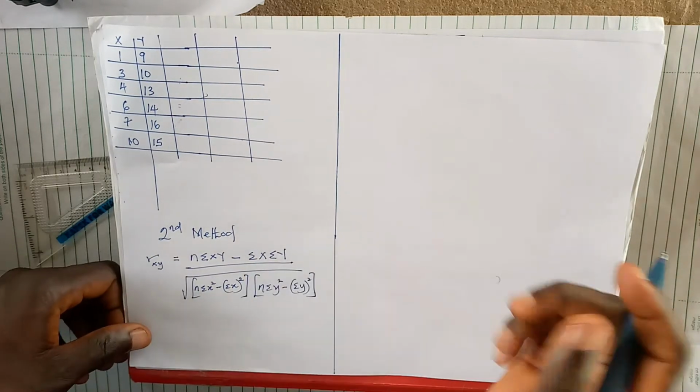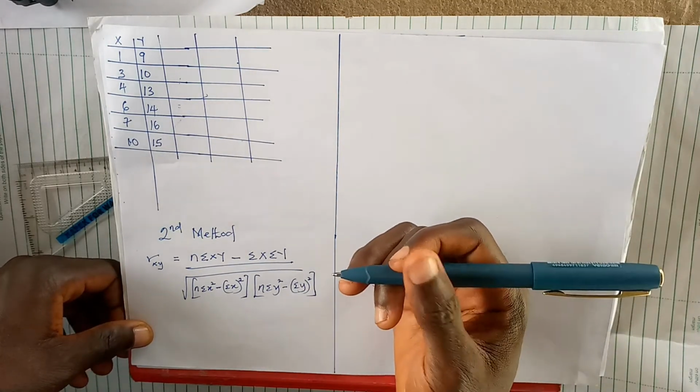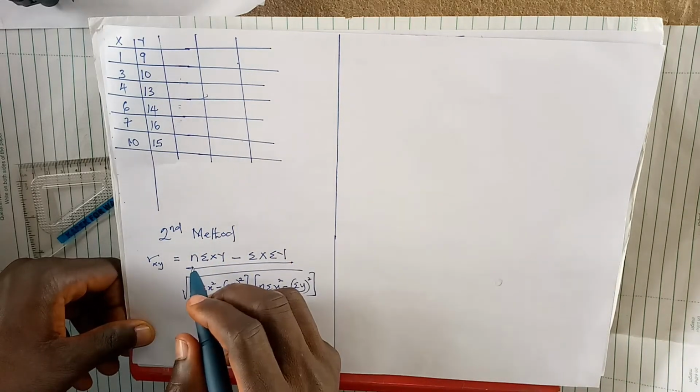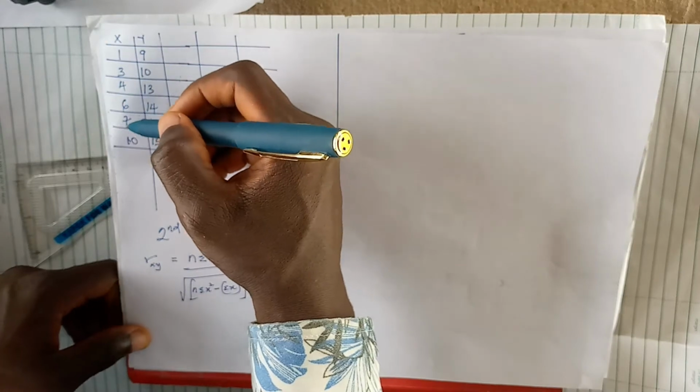So this is the formula we're going to use in this second method. Now, in this case, our n remains 6. We still have n number of observations 1, 2, 3, 4, 5, 6.